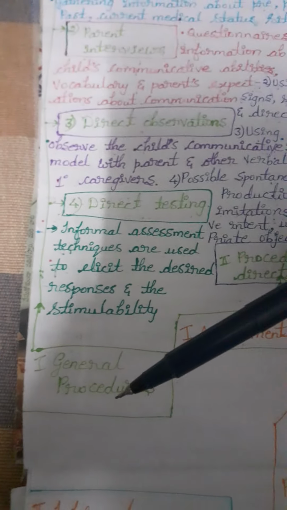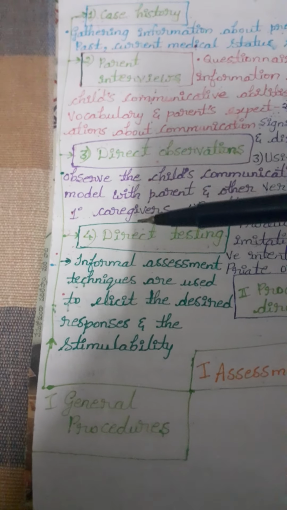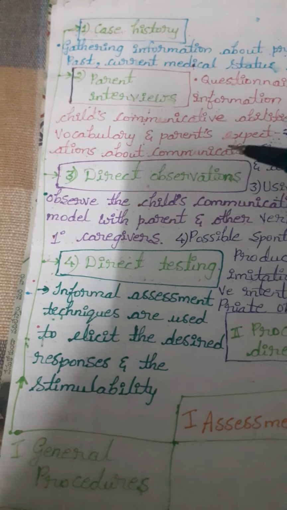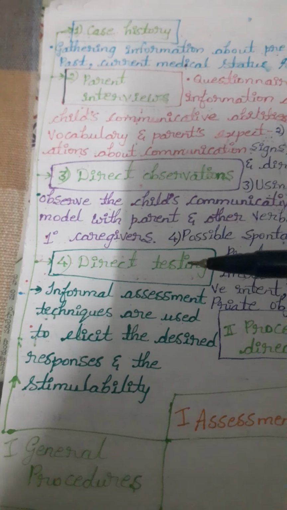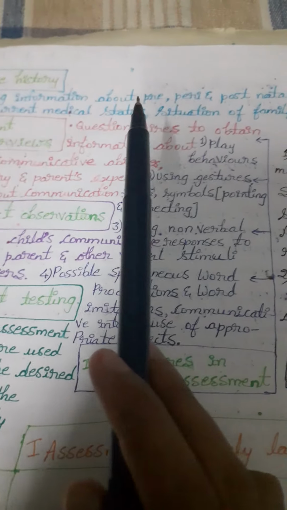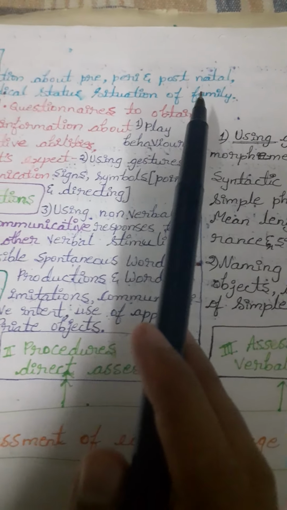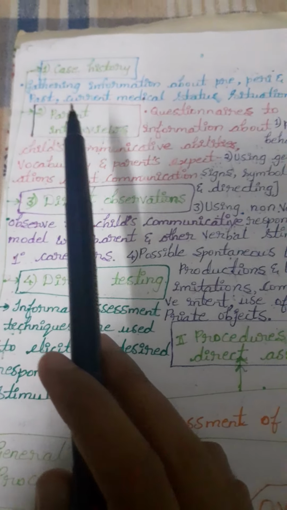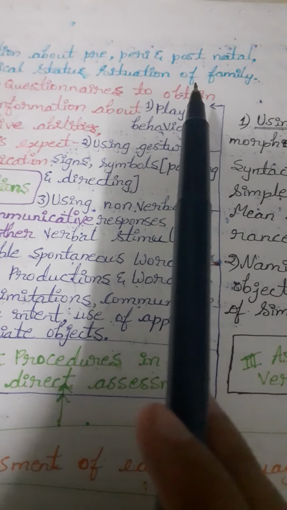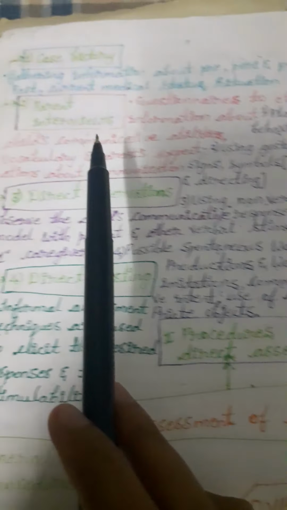General procedures consist of four different types of procedures: the case history, parent interviews, direct observations, and direct testing. Case history is gathering information about prenatal, perinatal, and postnatal history, past and current medical status, and the situation and condition of the family.